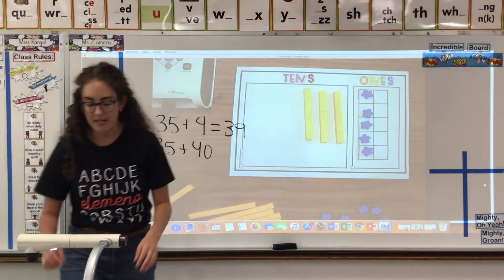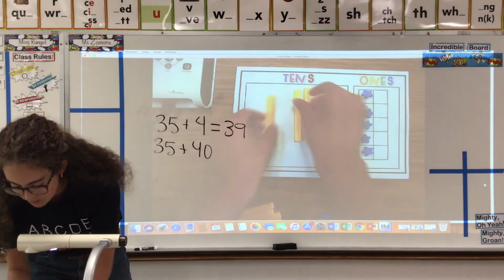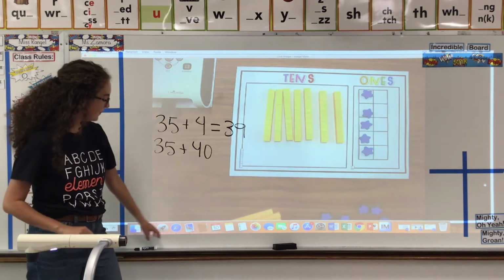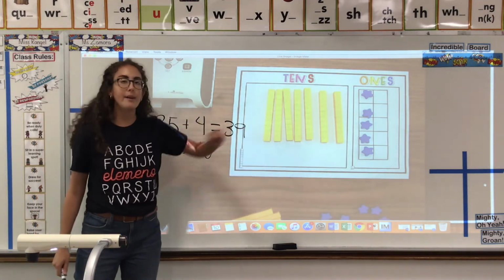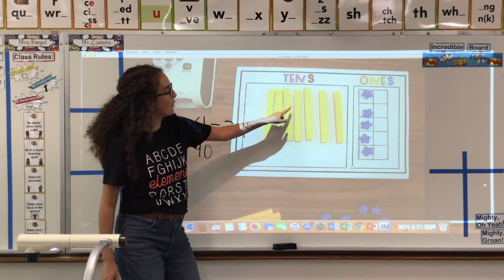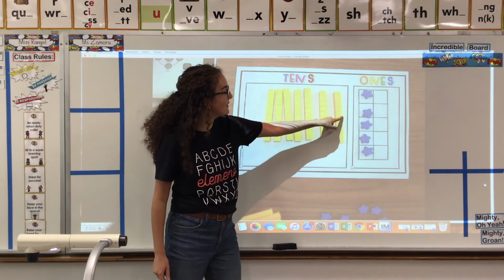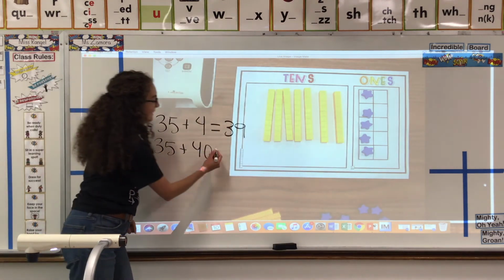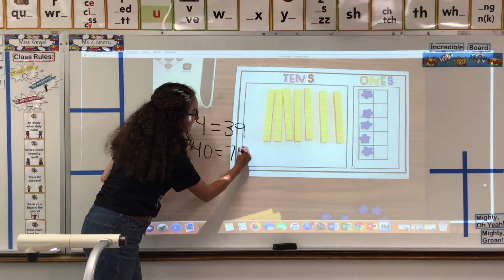Let's add 40. 10, 20, 30, 40. There we go. And what number do we have now? 10, 20, 30, 40, 50, 60, 70. We have 75.